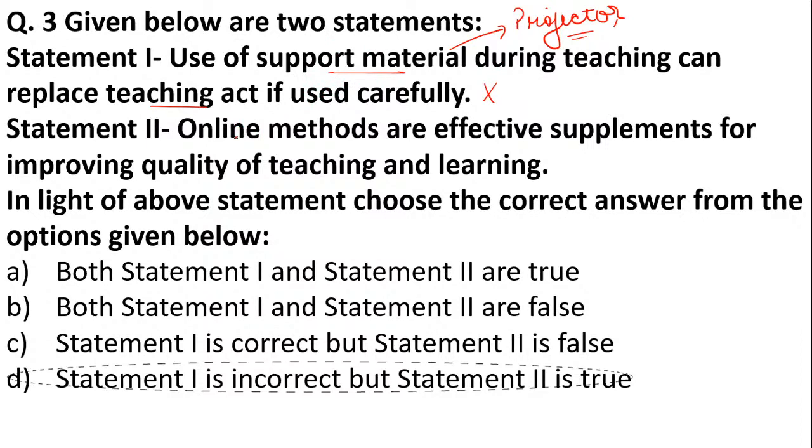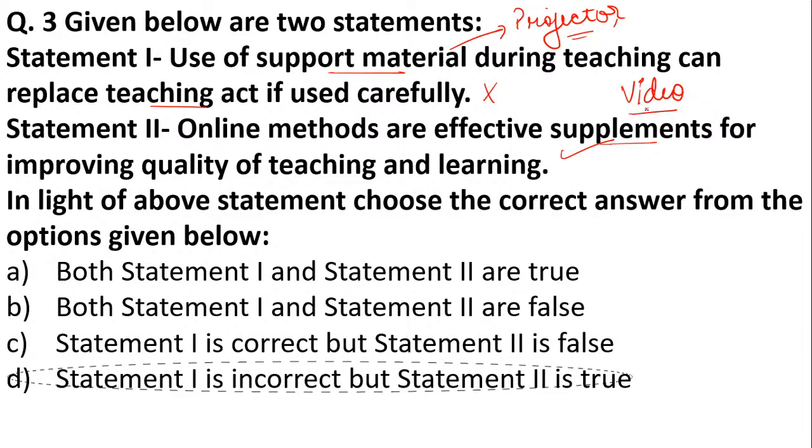While the second statement says online methods are effective supplements. So supplements are something that provides support. So online methods provide support for improving quality of teaching and learning. Yes, this is true. For example, if the teacher is teaching some concept and then she shows a video based on it, that is going to be online methods are effective supplements.